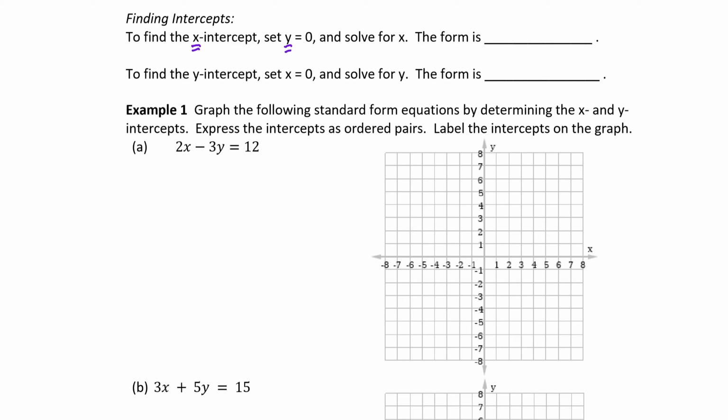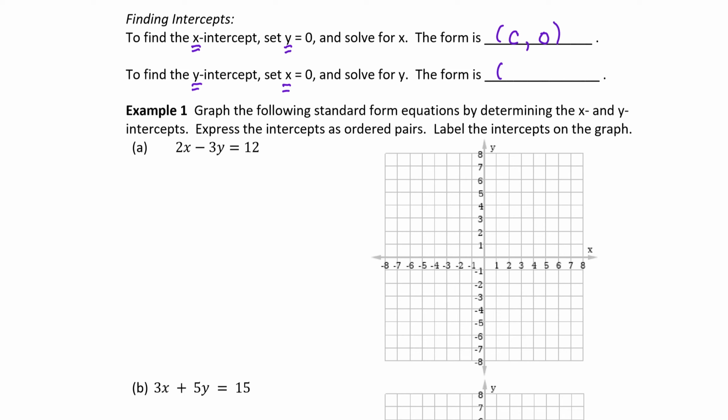The form for the x-intercept then is going to be some number for x and 0 for the y-coordinate. Now, to find the y-intercept, we set the opposite variable x equal to 0 and then solve for y. The form for the y-intercept will be the ordered pair with x equal to 0 and then some number c for the y-coordinate.